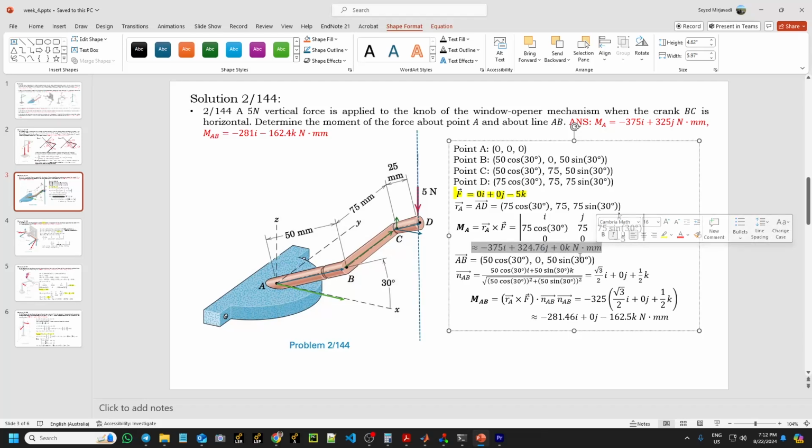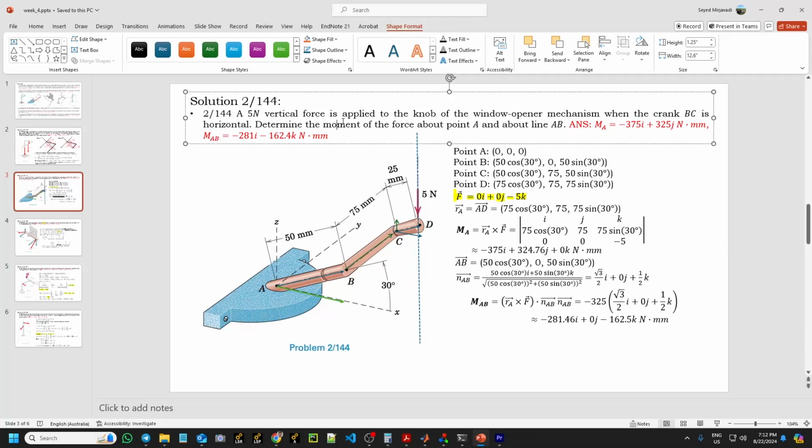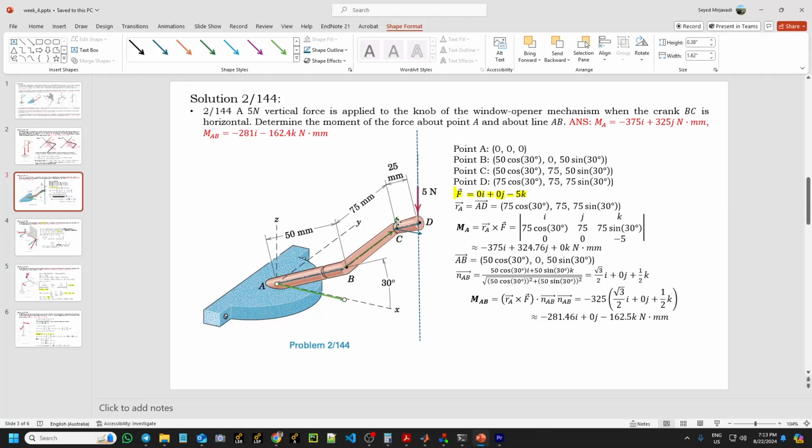And now the question asks to determine the moment of the force about point A. We have already obtained this one, and about line AB. So you need to find the unit vector of AB. But let us first obtain AB. For AB, as I said, this is 50 cos 30, and 50 sine 30 is the vertical component.